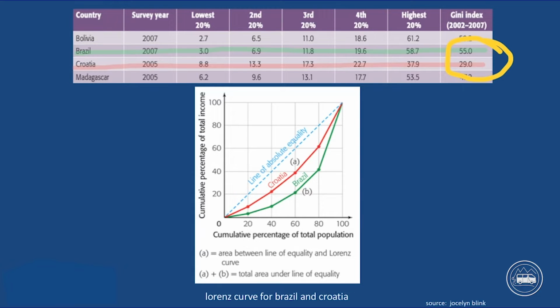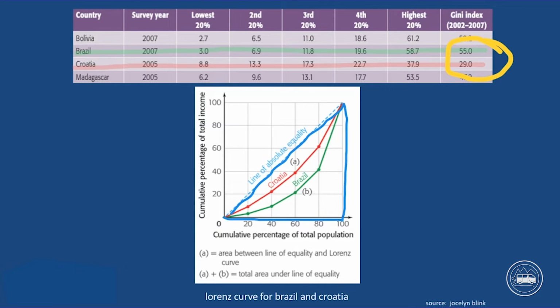Remember this line of absolute equality and this triangle right here. What you are going to look at is what percentage of this triangle is between the line of absolute equality and the actual line that you draw.